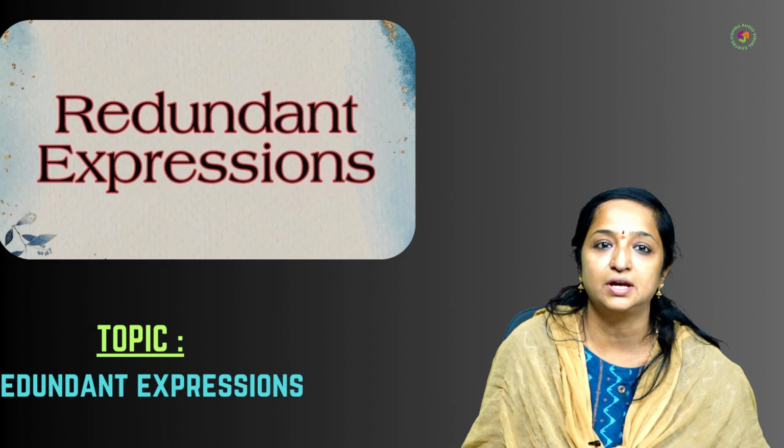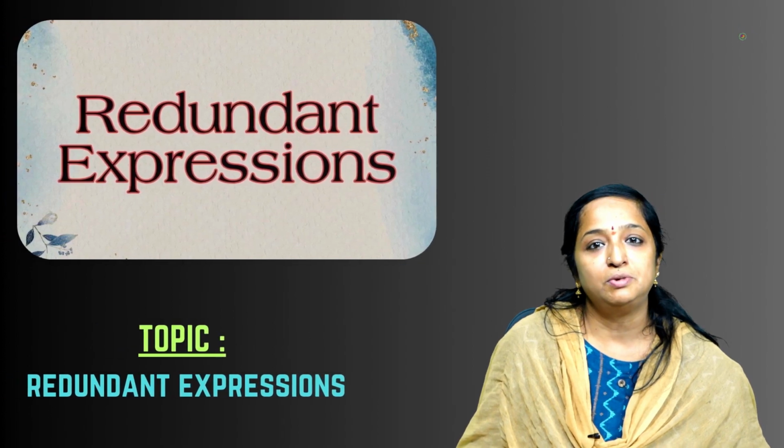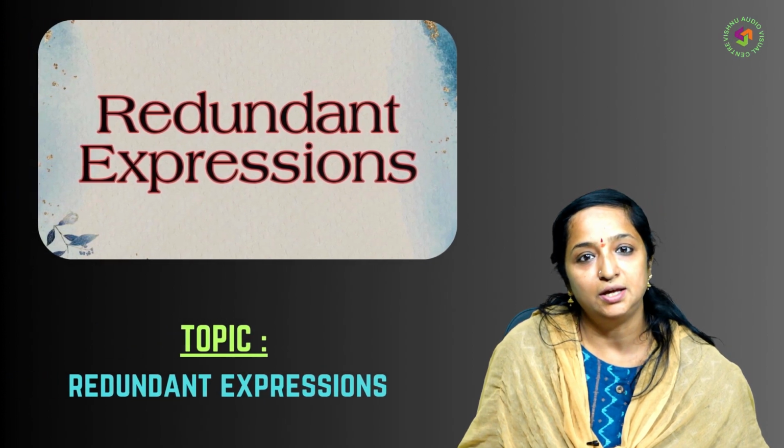That is, redundancies in the English language: streamlining communication for clarity and impact. In our everyday communication, we often find ourselves using phrases that contain unnecessary repetition, known as redundancies.